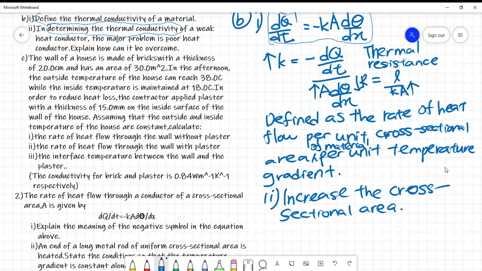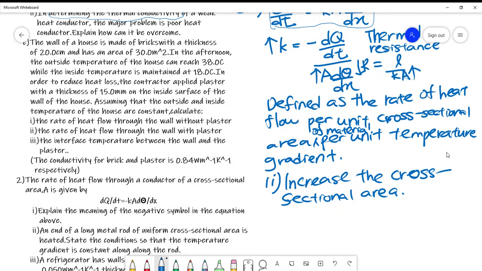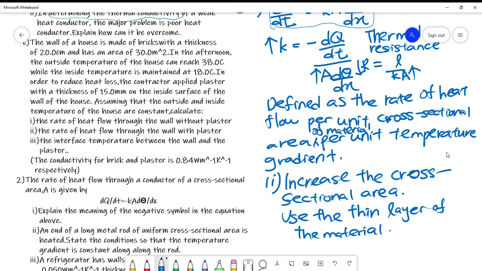As for the second way, we can use a thin layer of the materials. A thin layer of the materials enables the heat to flow faster.